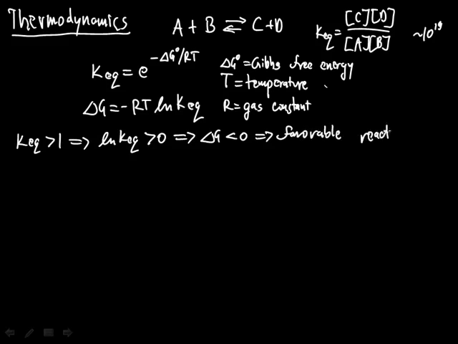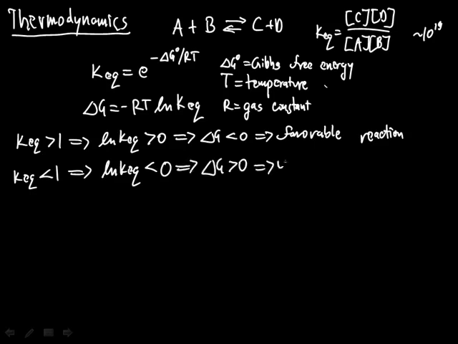The reactions which occur with a negative total energy output are favorable because they release energy. On the other hand, if K_eq is lower than 1, that means that most of our starting materials have not converted into products. That will lead us to ln K_eq being lower than 0, and then delta G being greater than 0, leading to an unfavorable reaction.